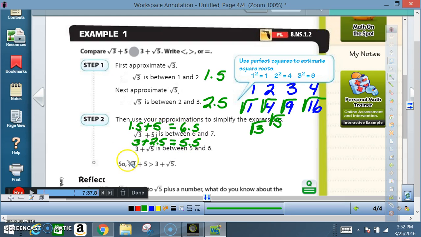So therefore, the square root of 3 plus 5, which is 6.5, is greater than 3 plus the square root of 5, which is 5.5. And that's how you attack those kind of problems.